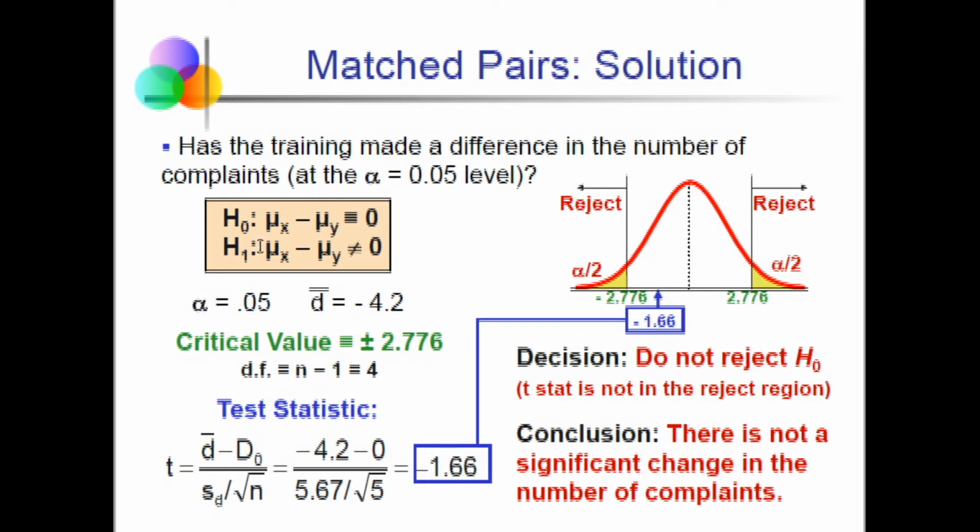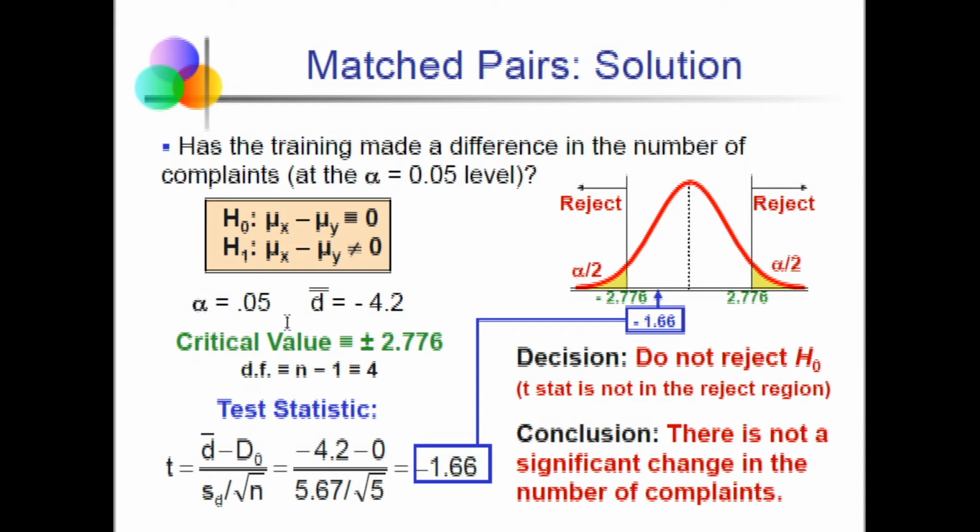In our question, our alpha is 0.05, and our difference is minus 4.2. Then the critical value at alpha equal to 0.05 means that we divide our alpha into 2, that is 0.025.